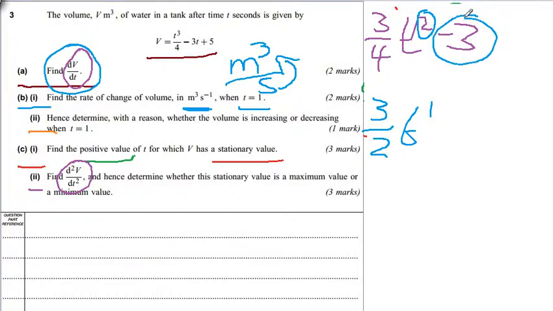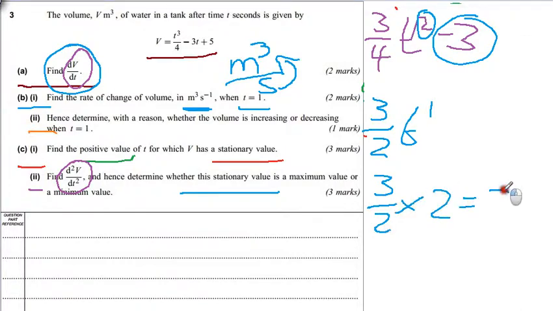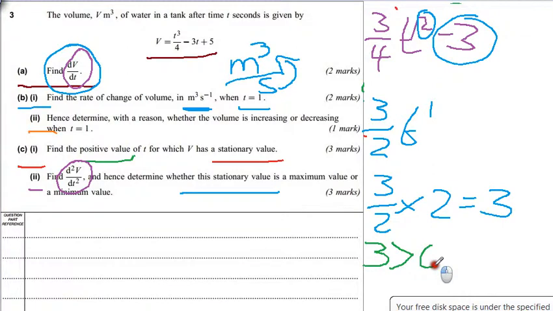So 3/2 t, and then the stationary value you found in the first part, so that's 2. So 3/2 times 2 equals 3, and then what you need to say is that 3 is greater than 0. That's how you determine whether it's a maximum or a minimum. If it's greater than 0, it's a minimum.